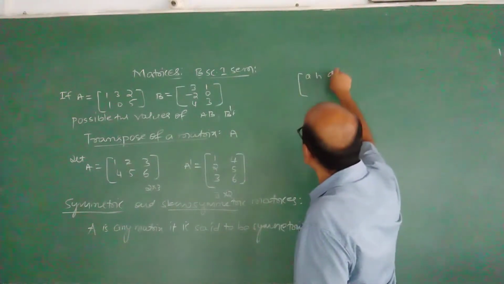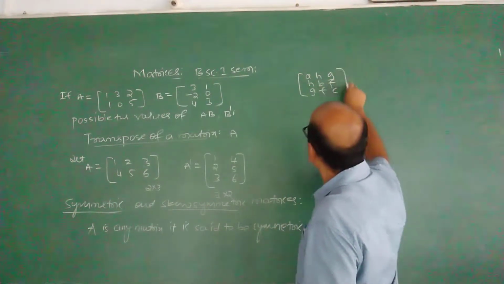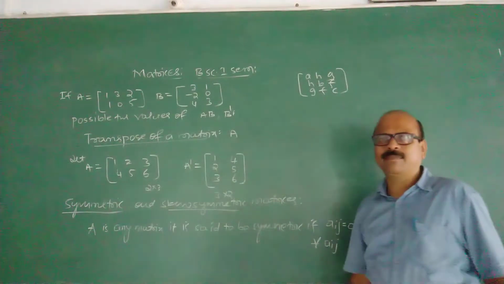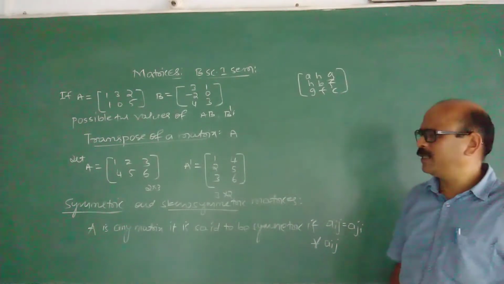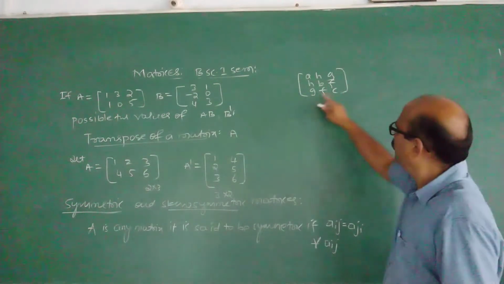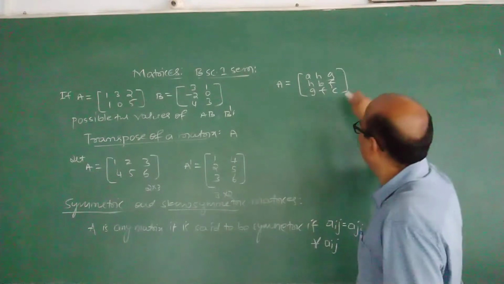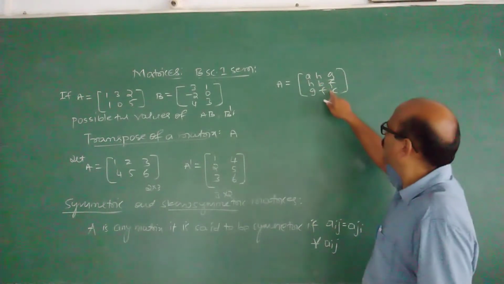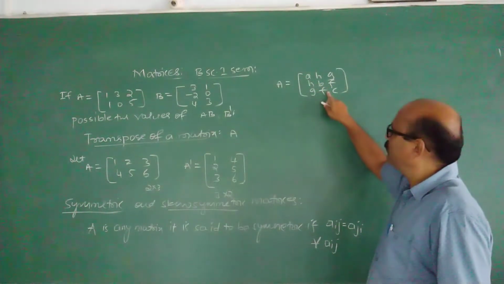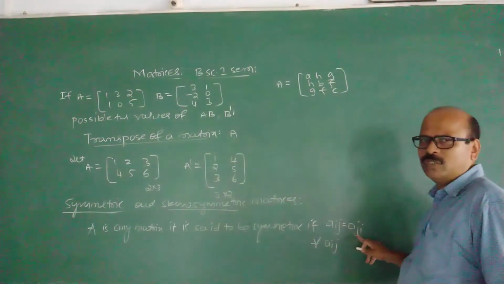Take the example: A, H, G; H, B, F; G, F, C. What is this? A 3 by 3 square matrix. Suppose it is A. Here, for the diagonal elements there is no problem. Aii must be equal to Aii only.